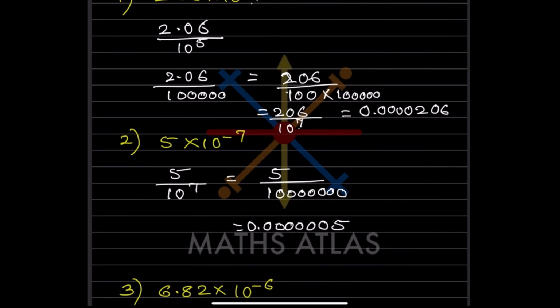Why 6 zeros? Because we are including 5 in that. 1, 2, 3, 4, 5, 6, 7. So you have to go backwards 7 numbers, then put a point. Along with this number you have to consider these zeros, so you put 6 more zeros and this number, so the total becomes 7.